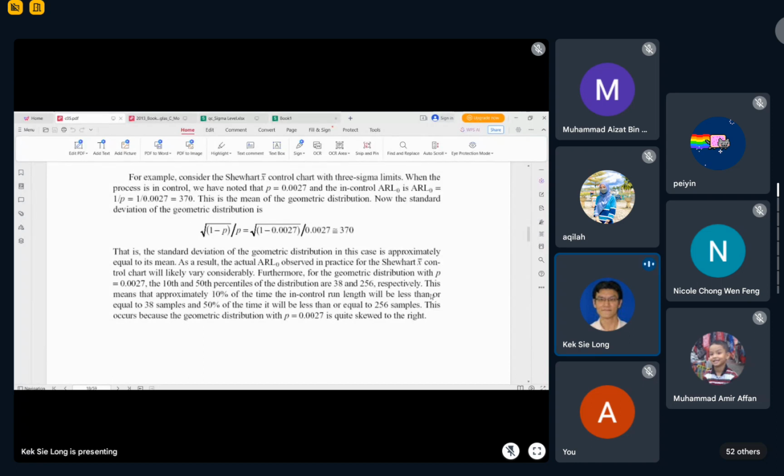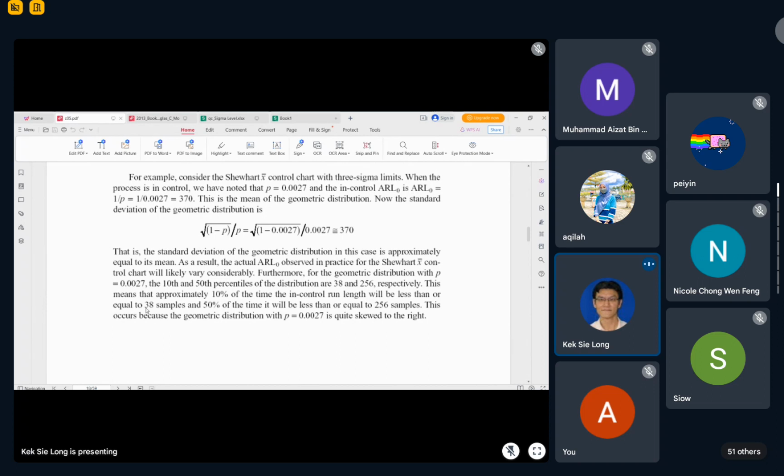The last sentence, I think, means that approximately 10%. This 10% refers to the 10th percentile. So 10% of the time, the in-control run length will be less than or equal to 38.